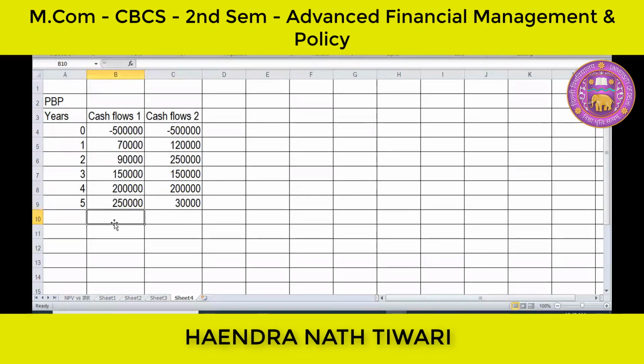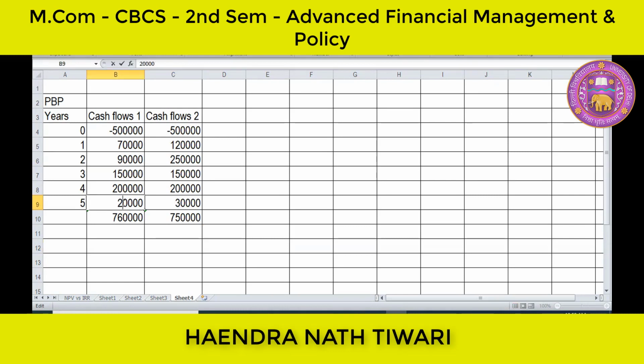Now look at the total cash flow here. Total cash flow will be 7,60,000 here and 7,50,000 here. Let us understand which project is more profitable for us.